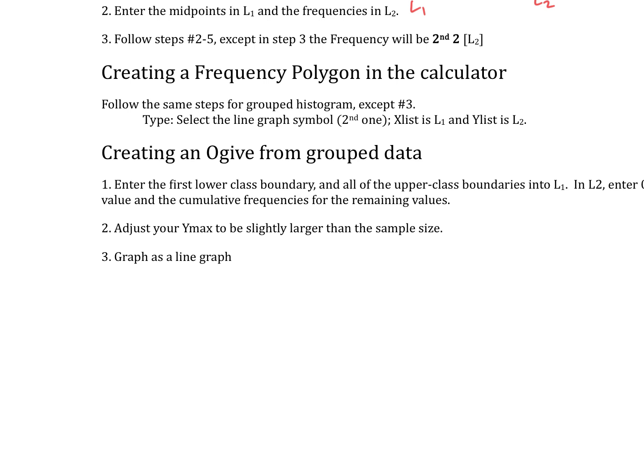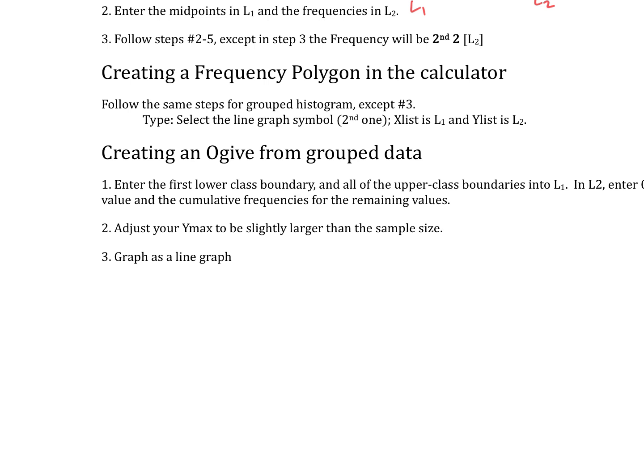So instead of the histogram, you choose a line graph, so the second one. You should have L1 and L2 for your X list and Y list. It doesn't matter what your mark is. It's whatever you want. I would suggest one of the first 3 so that you can see it. And then when you graph that, hopefully you'll be able to see your frequency polygon there.